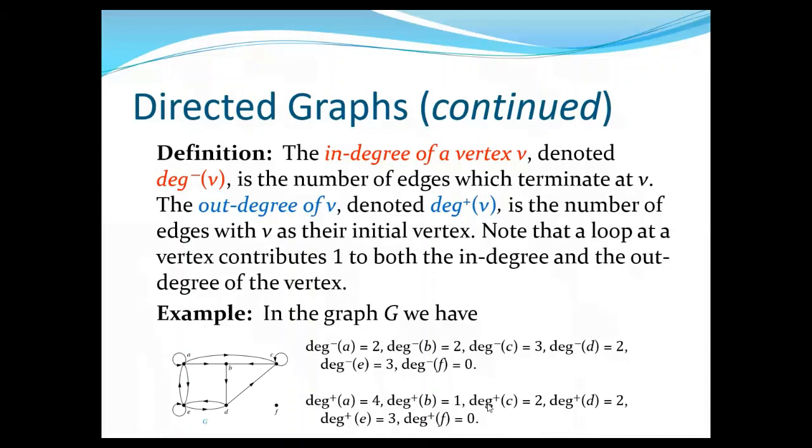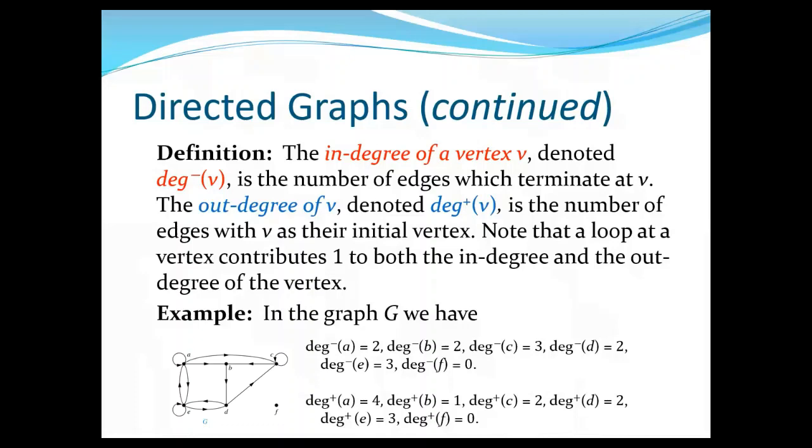And for going out at C, we have 1, from C going to C. Going to B, we have 2. So that's out degree and in degree. Again, in degree is going to that vertex, out degree is going to another vertex.